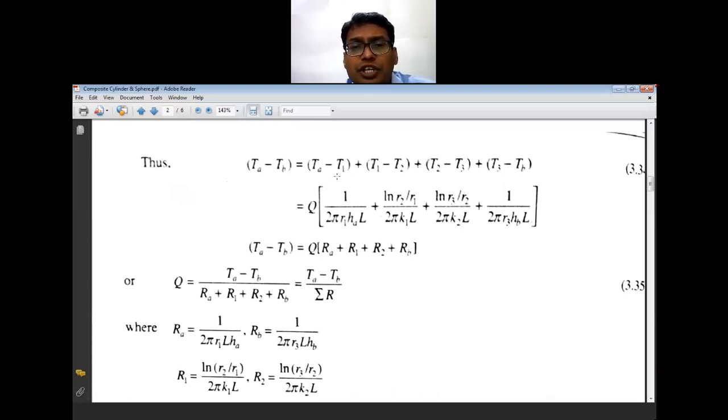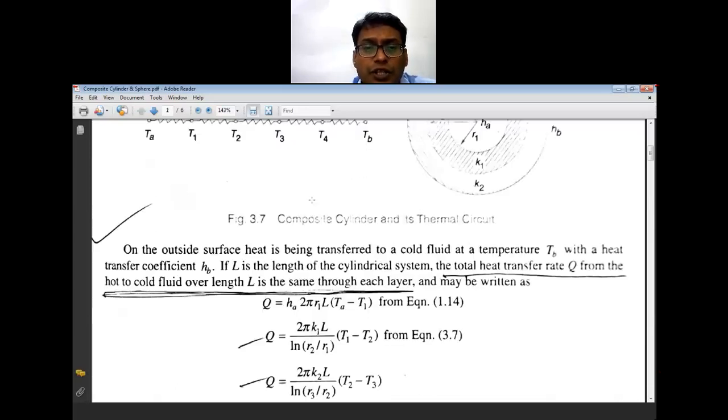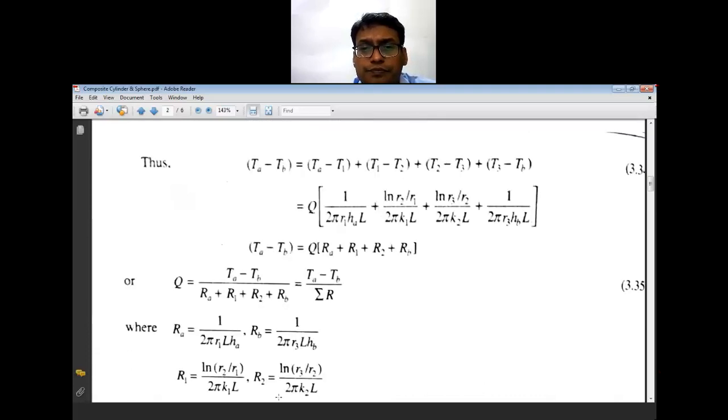Ta minus Tb, Ta minus T1, T1 minus T2, T2 minus T3, and T3 minus Tb. So writing the combined equations, all the four equations we will write here. That is, first is because of the convection, for the first cylinder, for the second cylinder, and for the convection on the outer surface. So that is Q into Ra plus R1 plus R2 plus Rb.